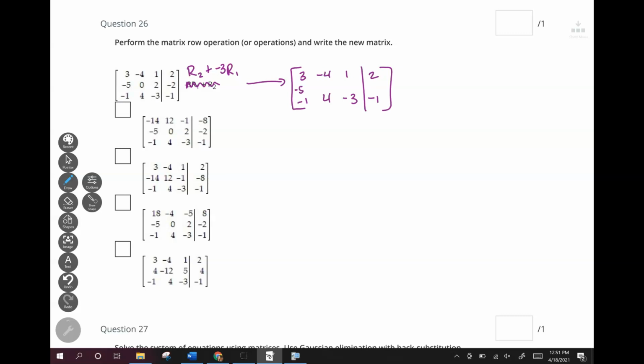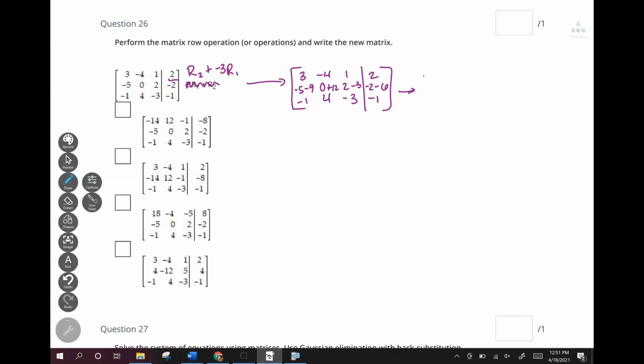So it's going to be -5 minus 9, -3 times row 1. 0 plus 12. 2 minus 3. Just taking row 1, multiplying it by -3, and adding that to row 2. And then -2, which is the current row 2, and then 2 times -3 gives me -6, so -6.